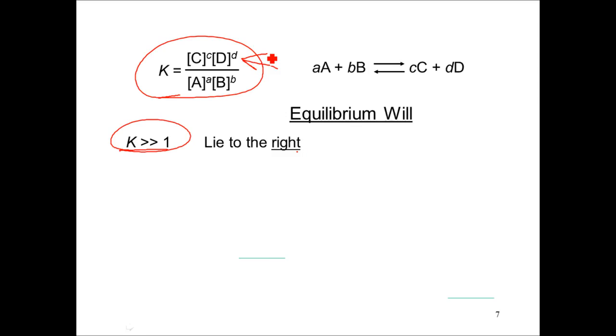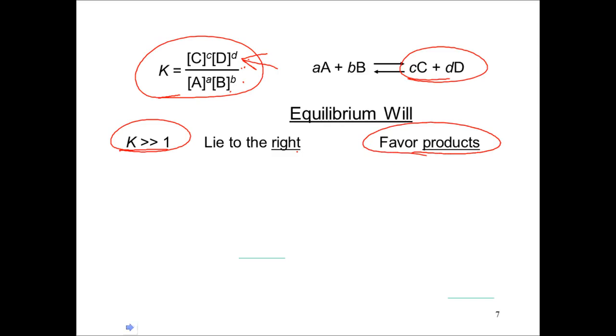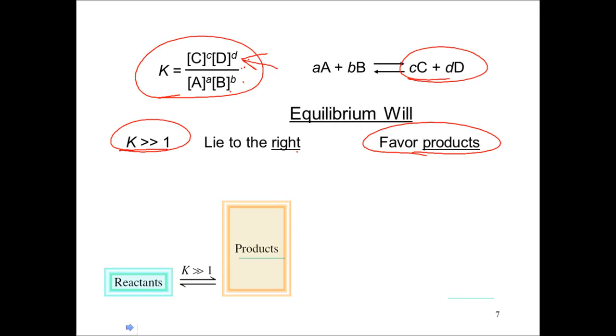When you divide the products over the reactants, you have a shift to the products, a shift to the right. If the numerator divided by the denominator gives you a number greater than 1, that means favor the products. If you have here the reactants down here on the lower left.